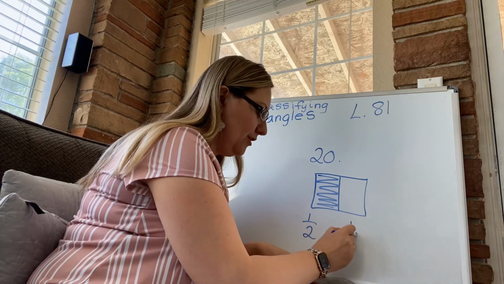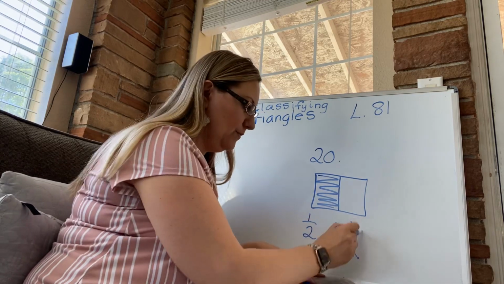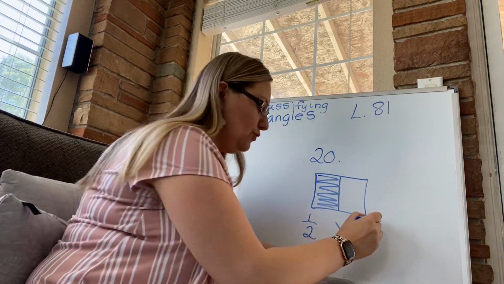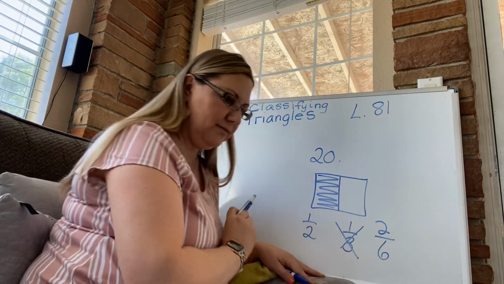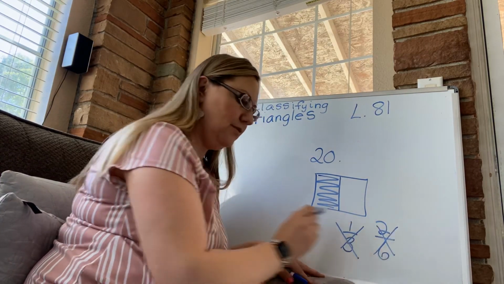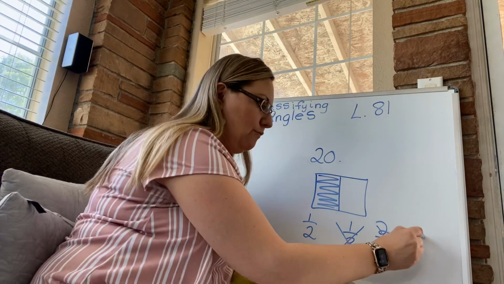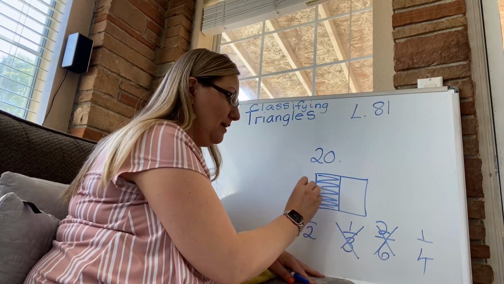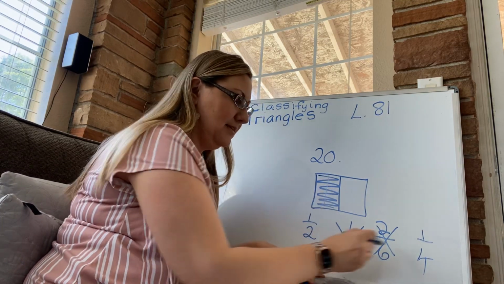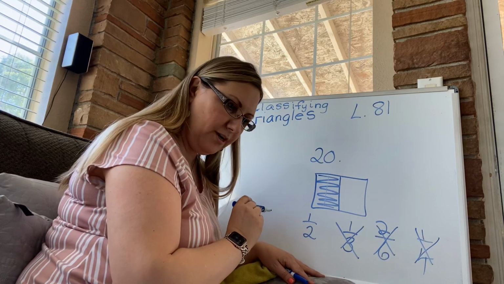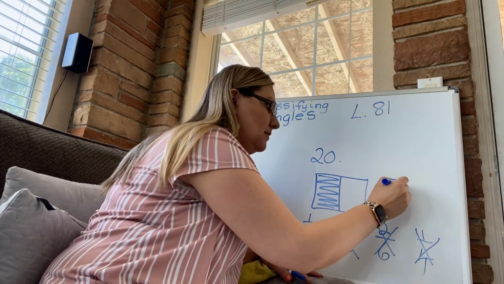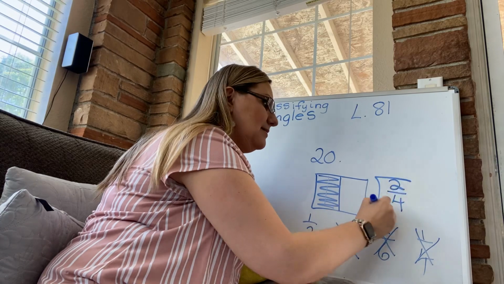Well, is 1/3 equivalent? No. Is 2 out of 6 equivalent? No, that's the same as a third. And then we have 1/4. No, that would only be like part of this. So that doesn't work. So our answer is 2/4 is equivalent.